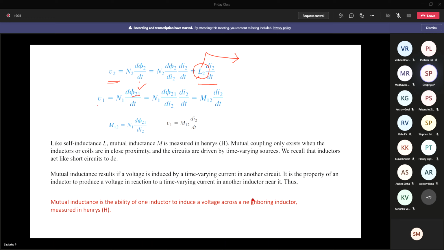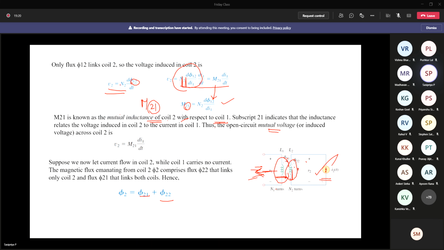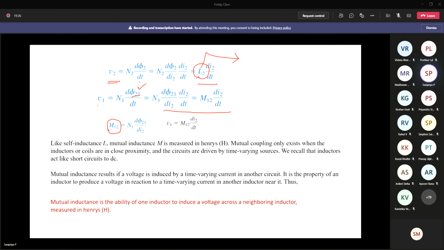We know that the flux linkage is due to the change in current, so we rewrite the equation. Now here, this is understood as M12. What is M12 here? Mutual inductance of coil 1 with respect to coil 2. Actually, coil 1 is open circuit, but because of the current I2, there is going to be a voltage generated here. This M is understood as mutual inductance of coil 1 with respect to coil 2.